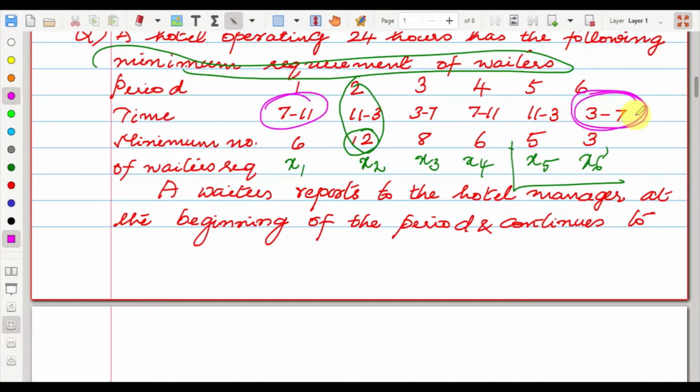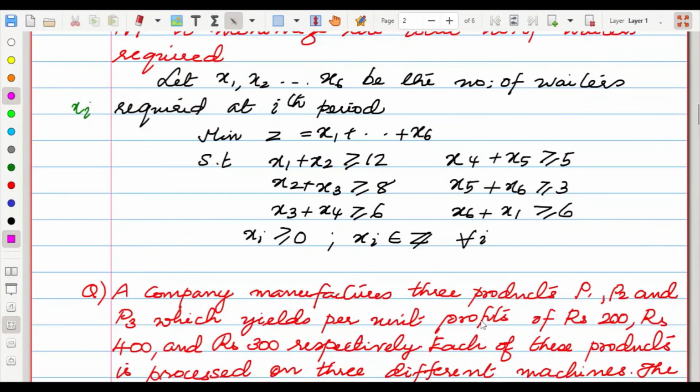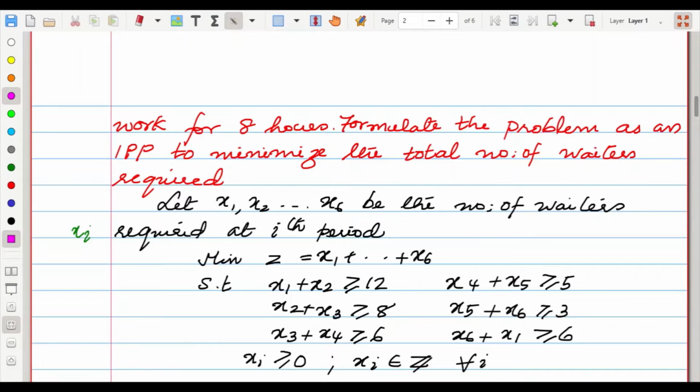So at 7, we are having x1 and x6 workers. So x1 plus x6 will be greater than or equal to 6. Since it is an integer programming problem, all xi will be greater than or equal to 0, and xi will be an element of Z for all i.